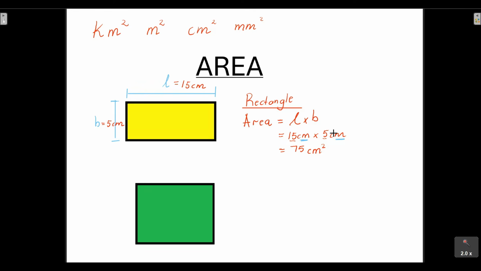This is tapping into the laws of exponents: if you're multiplying powers with the same base, you add your exponents. That is why our units are supposed to be centimeters squared and not just centimeters, because we've multiplied 15 centimeters and centimeters, therefore it has to be centimeters squared.